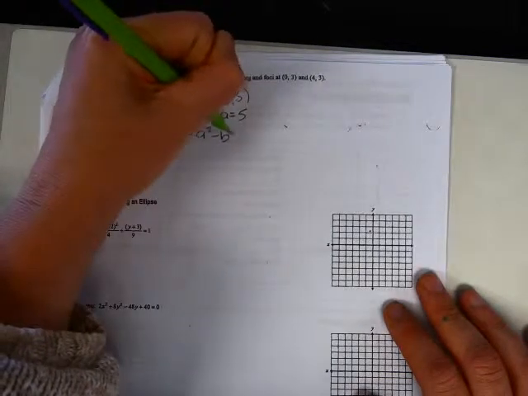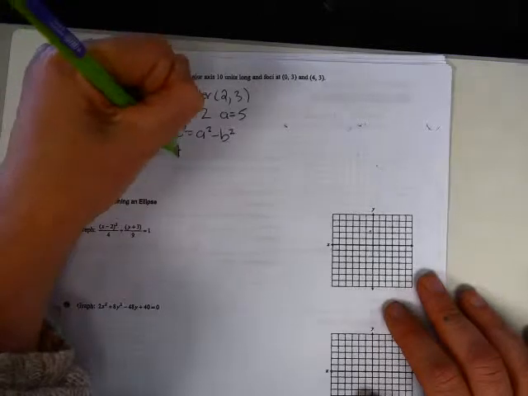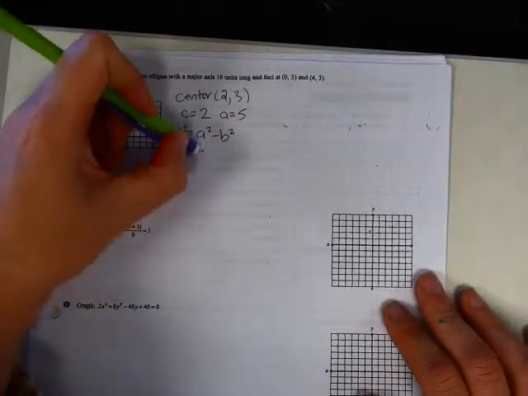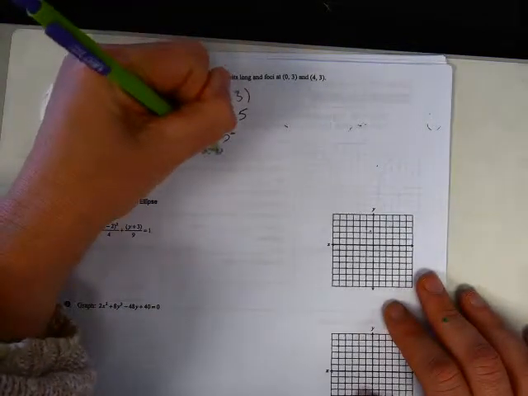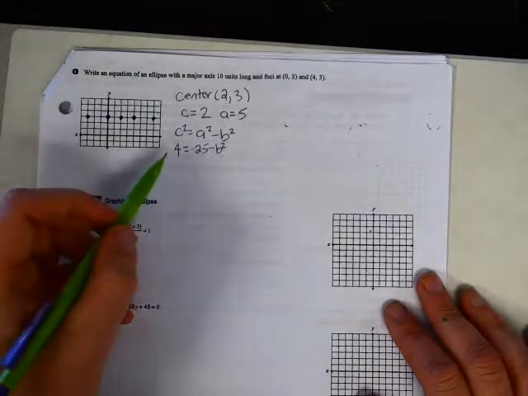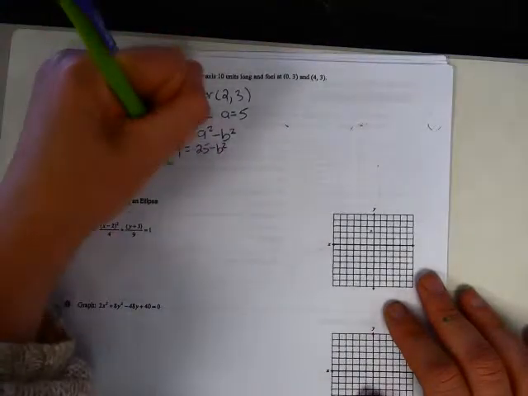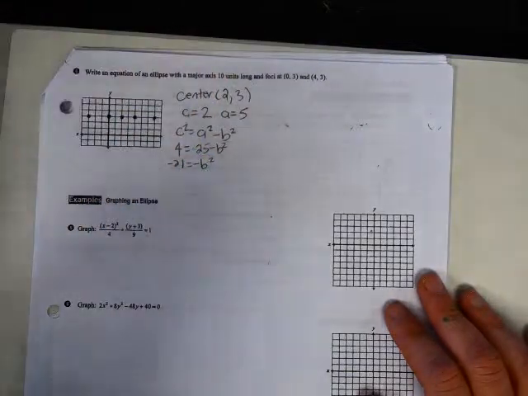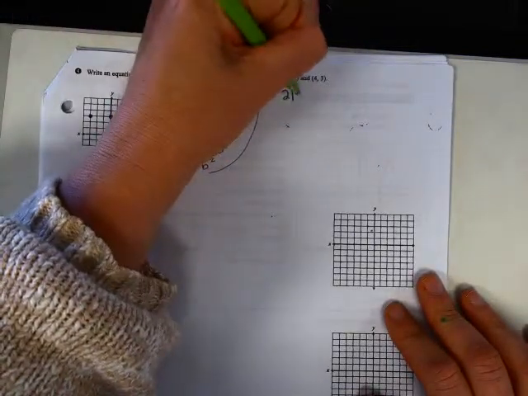So now I can find B using the formula we had for ellipses, which is C squared equals A squared minus B squared. So I have 4 equals 25 minus B squared.